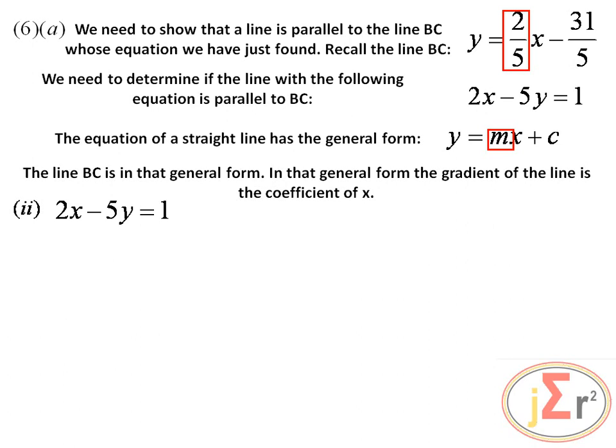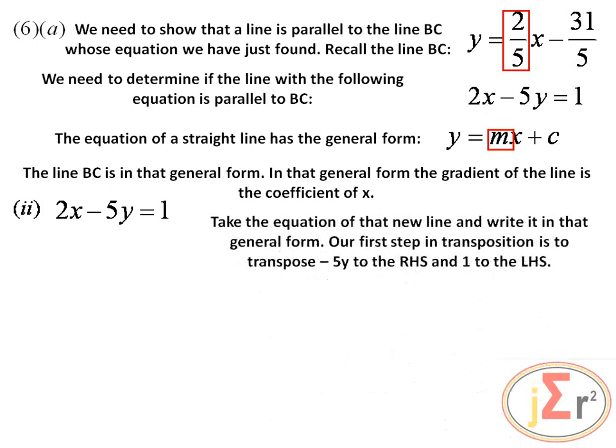Now we have the line 2x minus 5y is equal to 1. Take the equation of that new line and write it in the general form. Our first step in transposition is to transpose negative 5y to the right and 1 to the left.